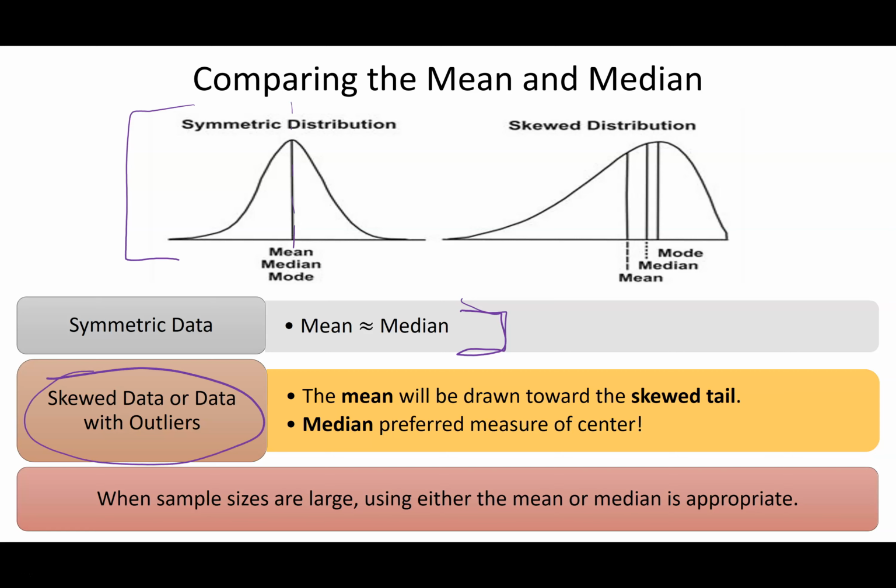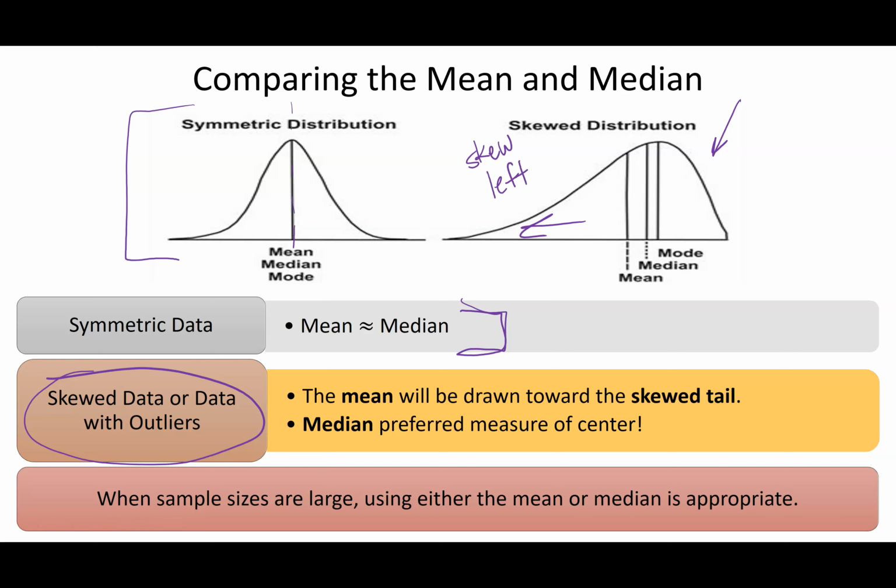Where it does make a big difference is if we have skewed data or we have extreme outliers. Like here in this example, this is skewed left. It pulls the mean closer to that left tail. So whatever tail you have, it's going to pull the mean closer to that tail.